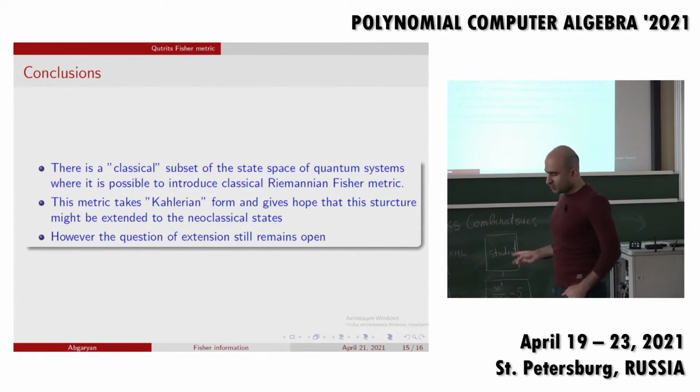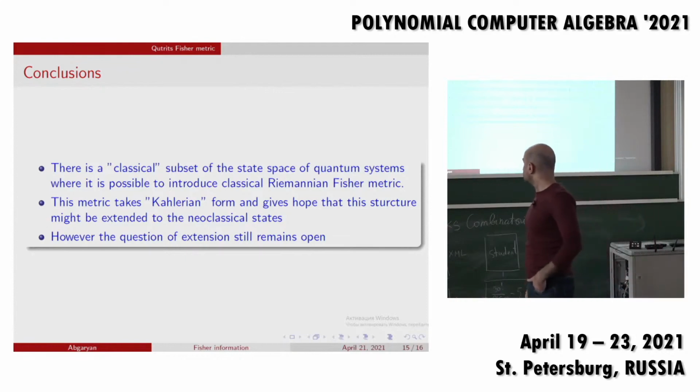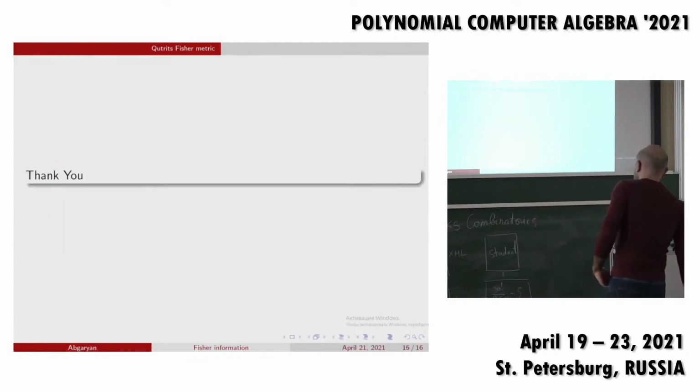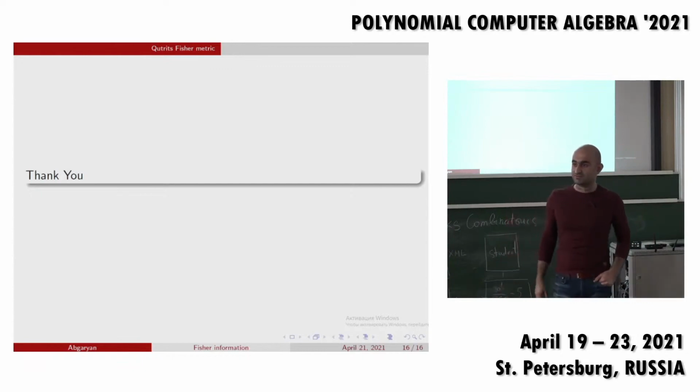There is a question whether there is a parameterization of the Stratonovich-Weyl kernel which would bring us to the monotonicity condition fulfillment. However, these questions are yet open. This is an ongoing process. Now I want to thank you for your attention. Hopefully I did not bore you to death. Thank you.